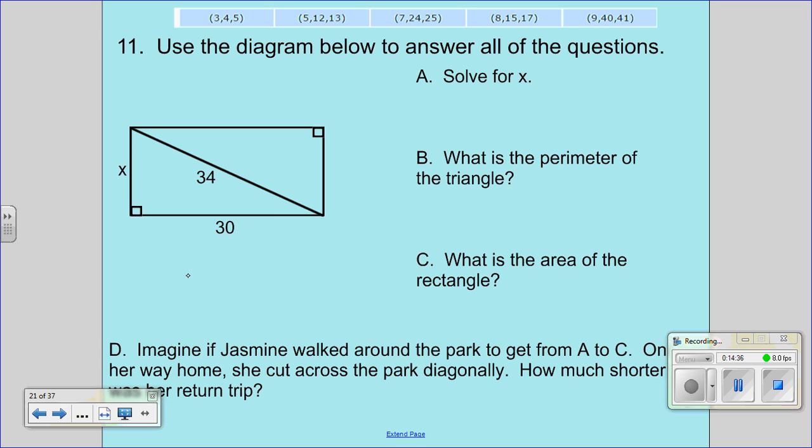Number 11 provides us a diagram, which is nice, and we're going to use it for these questions. First question is solve for x. So if you look at it, it's a rectangle but split into two right triangles. So I can use Pythagorean's theorem to find x. C is 34. We're going to call A x, and b 30. So that would be, again, a squared plus b squared equals c squared.